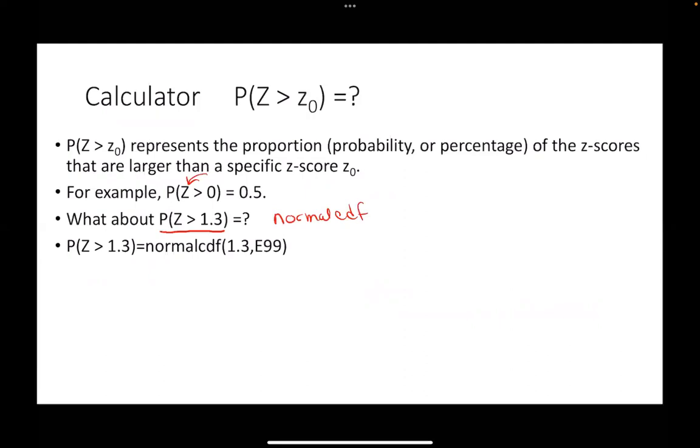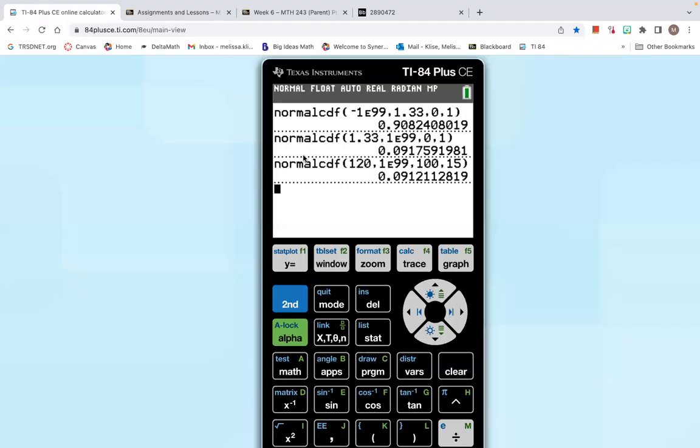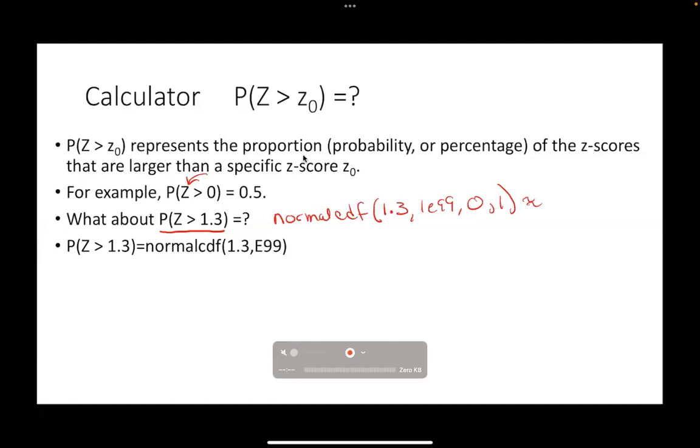And we wanted greater than, so it would be 1.3, 1E99. We did 0 and 1, and we got approximately 0.0917. This is what we just did. Now, supposedly on calculators where you just type it in, you don't have to put the 0 and the 1, but most calculators, you type it in those little spots.